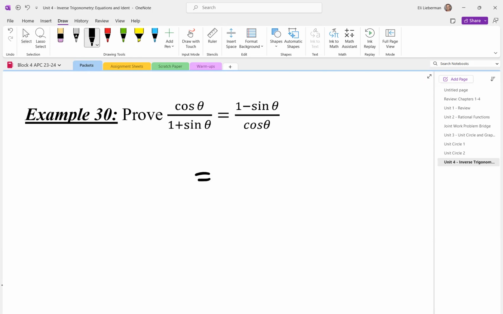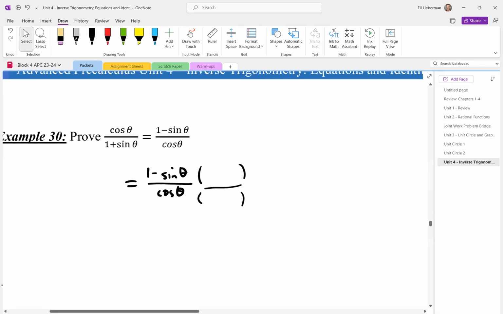So I'm just going to leave that left side blank. The right side, I'm going to rewrite it. I'm going to multiply top and bottom by a special quantity, 1 plus sine of theta. Of course, if I do that on the top, I have to do it on the bottom.